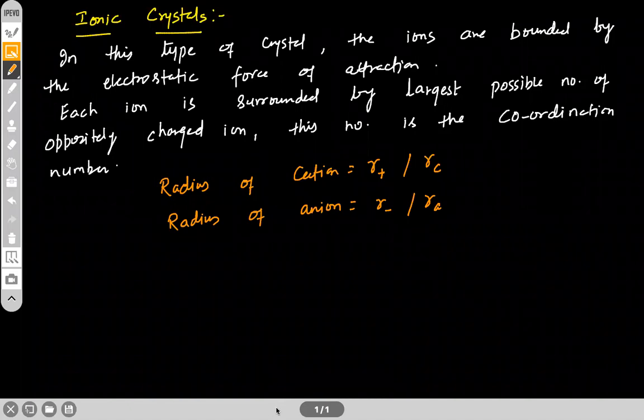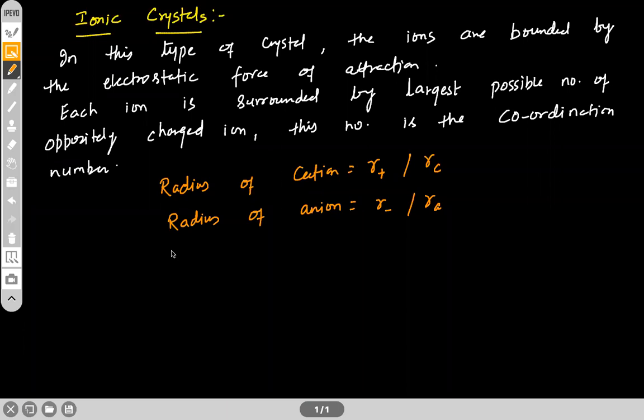So for any given coordination number, the radii of cations and anions are fixed. Radius of cation and anion means we have a certain size of that particular ion. So when the ions are arranged, we must have some space for that.